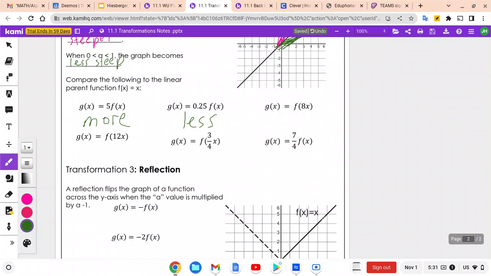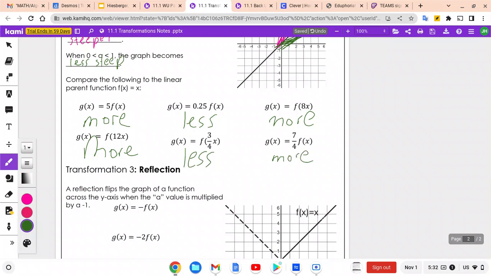We notice the 8 is inside the parentheses. That's okay. 3/4 is less than 1. But 7/4 is more than 1.